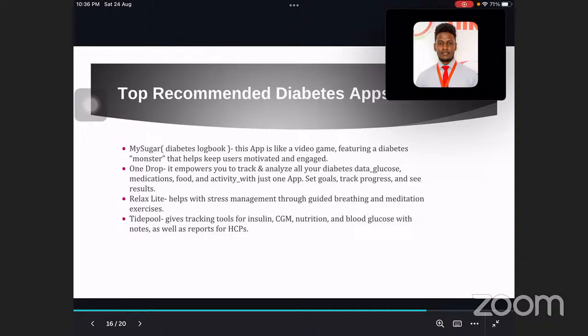Also, we have the OneDrop app, which enables analysis of all diabetes data, including glucose, medication, food, and activity, all in one application. It allows the patient to set goals, track progress, and see the results.